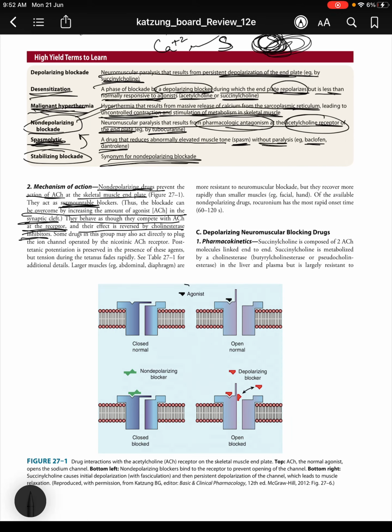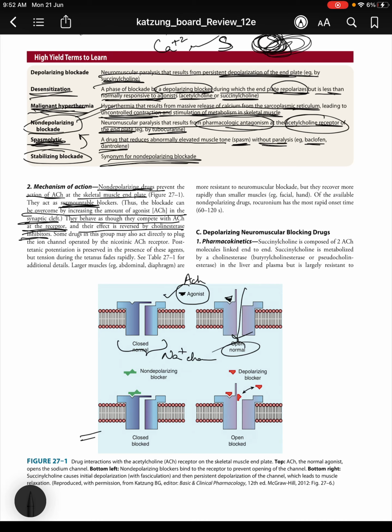As you can see here, ACH is a normal agonist, shown as this black thing here. It opens the sodium channel. Let's say this is a sodium channel. When ACH binds here, it opens the sodium channel.